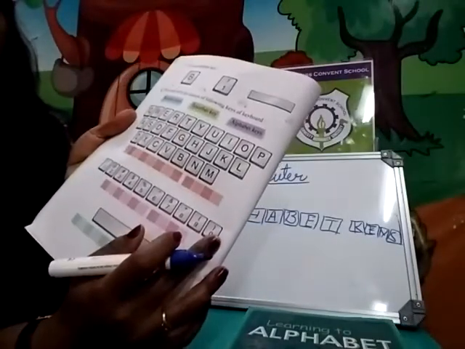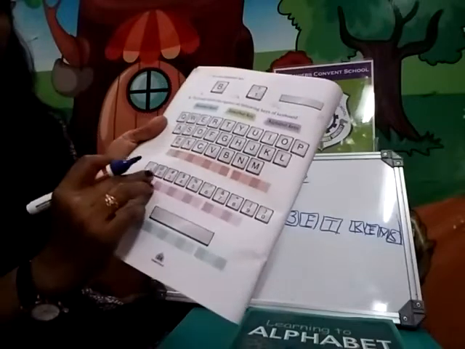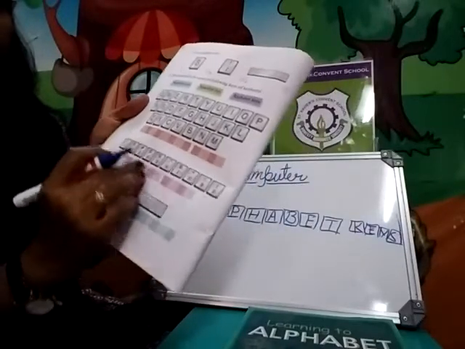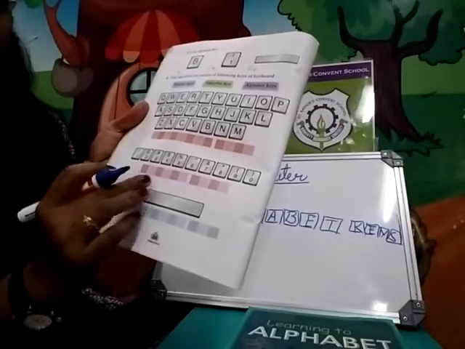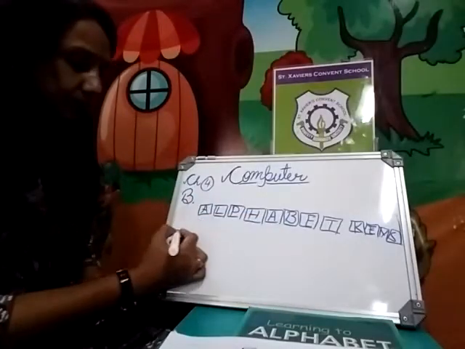Now next you see the picture 1, 2, 9, numbers and next that 0 is there. What are these keys called? Tell me now. Yes, number keys.